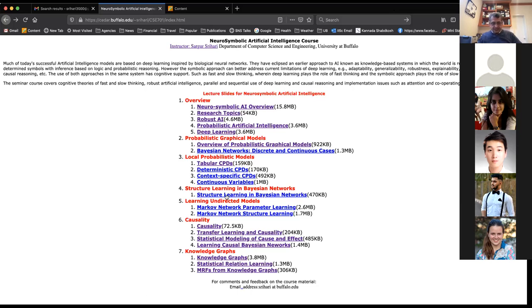And then I put in this section on structure learning in Bayesian networks. How do you get a Bayesian network structure? How do you figure out that the job offer depends on the strength of the recommendation letter and the score on some tests, right?